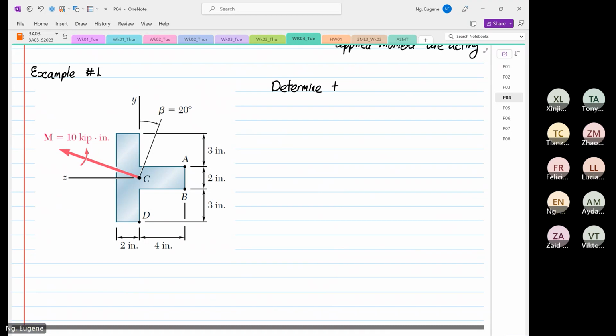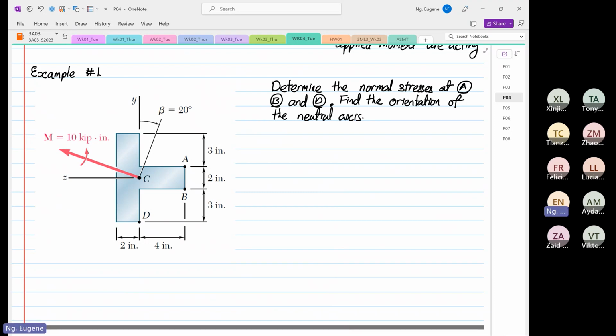The stresses, or the normal stresses, at point A, point B, and point D. And then after that, we are going to determine and find the orientation of the neutral axis.